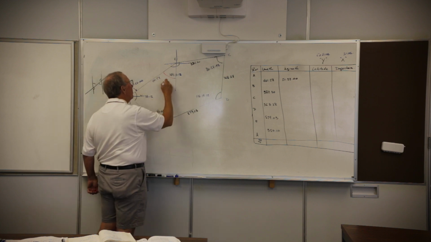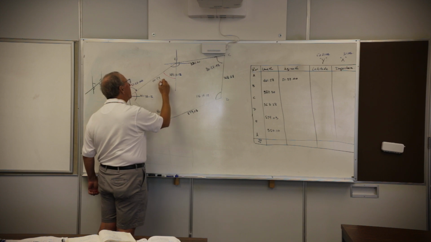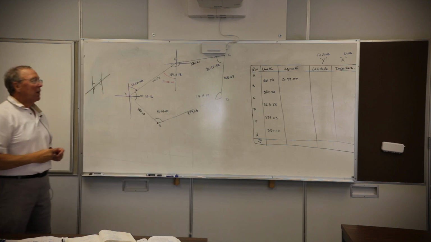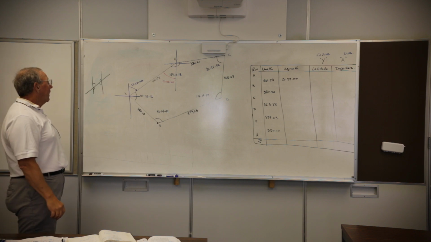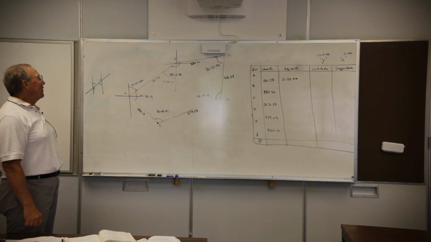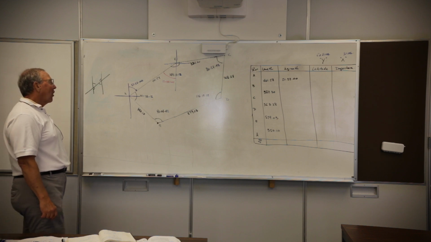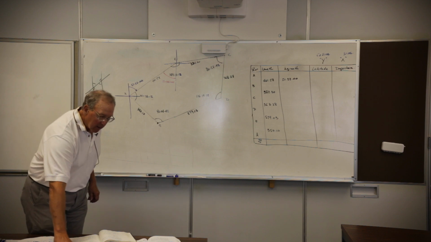So if I do that, it looks like I got a number right here that'll work: 51, 22. Okay, if I subtract 51, 22 from 149, 13, 12, that will finish off the angle, and that'll give me what I think I need to fill in.